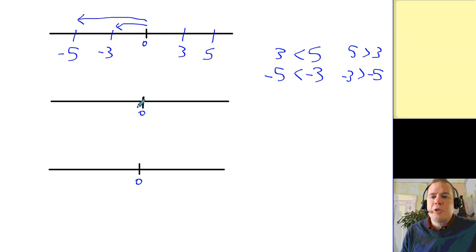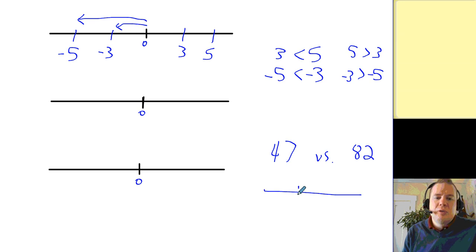We could even do it without using 0. If I have, let's say, 47 versus 82, here's 47, here's 82.